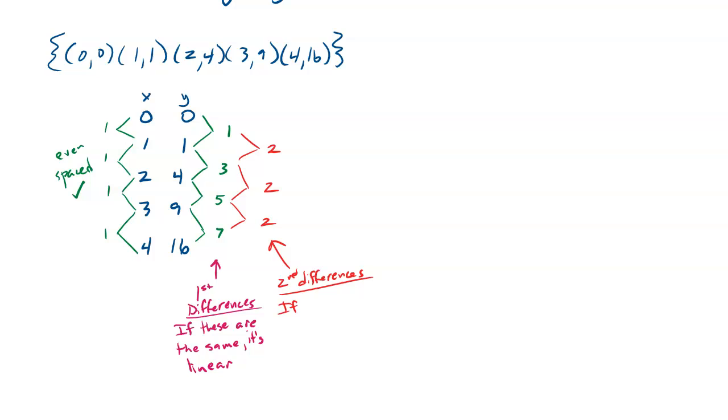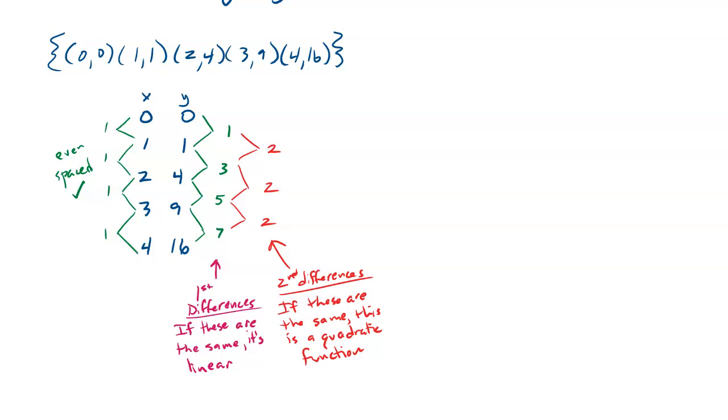If these are the same, which they are, then that would mean that this set of numbers is quadratic.